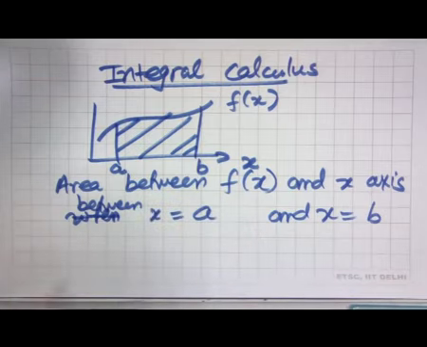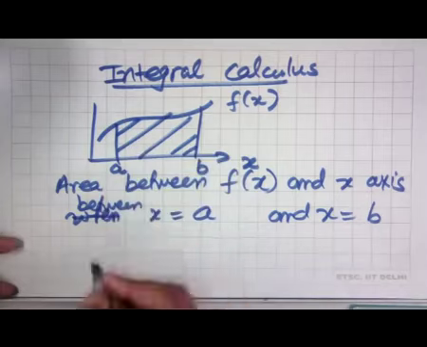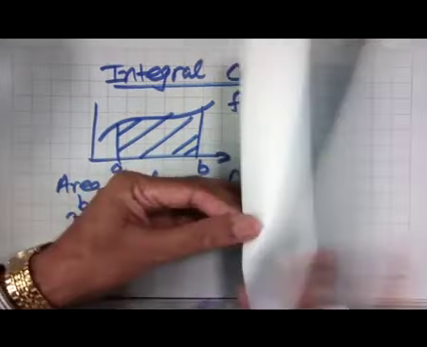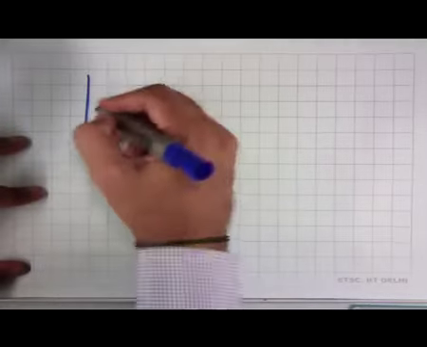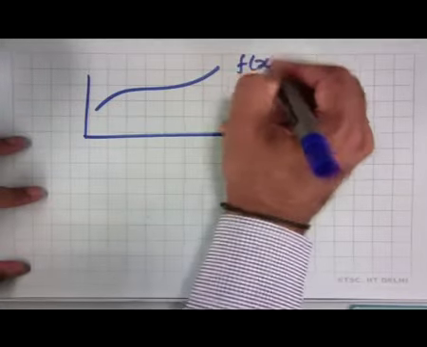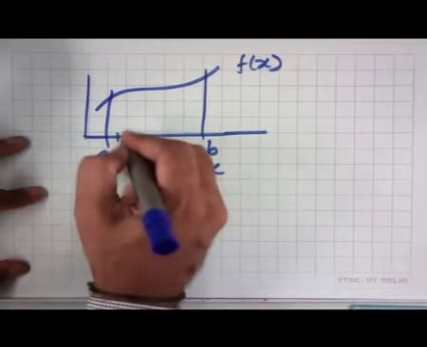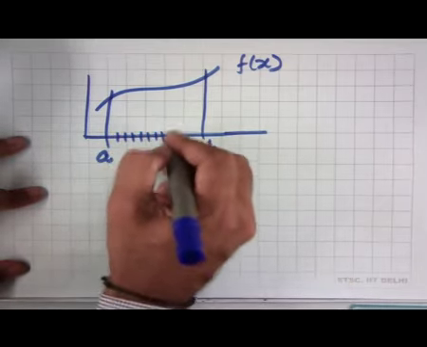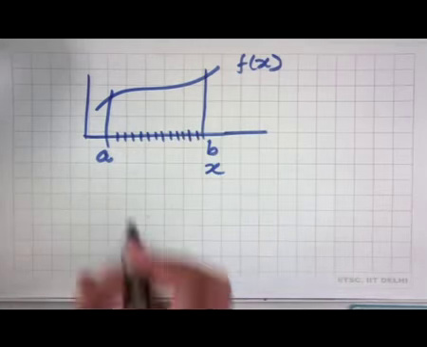To find this area between f of x and the x axis from a to b, what we do is we divide this area. So, we have this curve f of x, this is the x axis, this is x is equal to a, this is x is equal to b. We divide this distance from a to b into many small intervals.